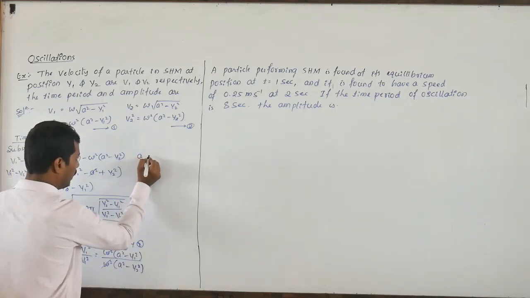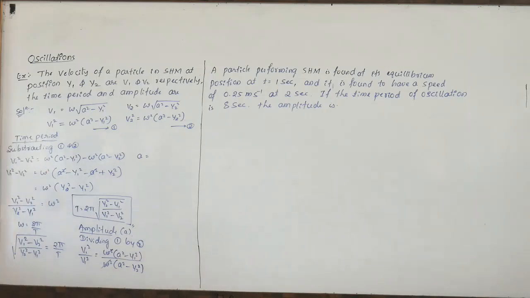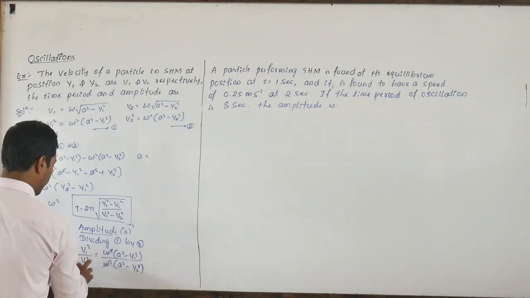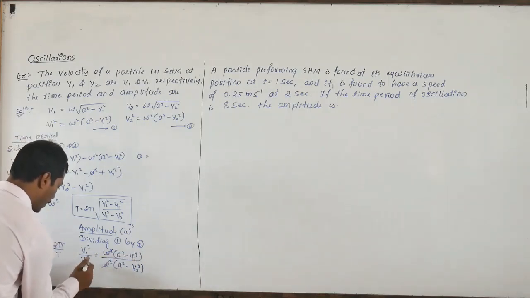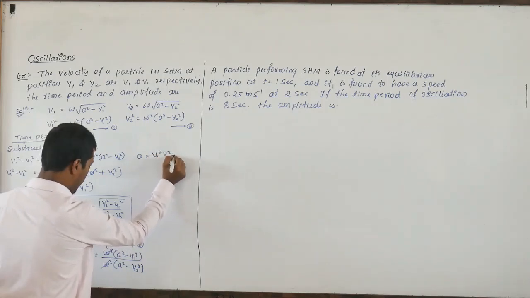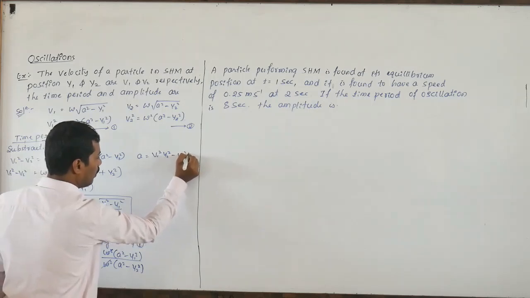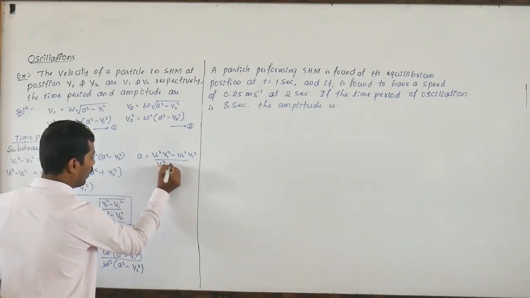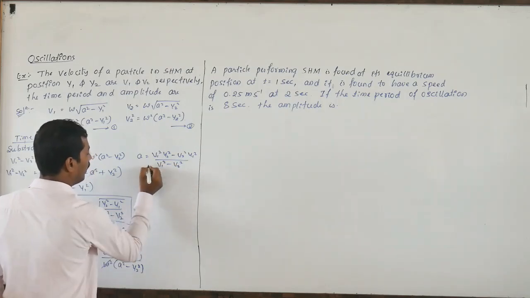This amplitude is equal to root of a square and y square by 2, that becomes v1 square y2 square minus v2 square y1 square, divided by v1 square minus v2 square, all under root.